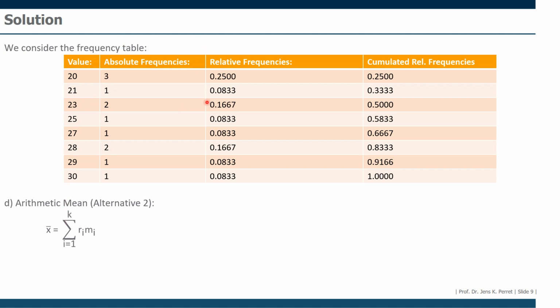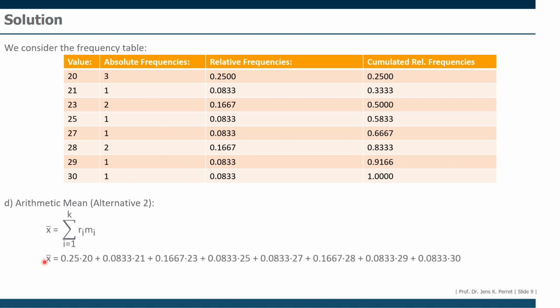Doing this for all of these different values, adding all of this up, and I already have the arithmetic mean. So no longer need to divide by the number of observations. That's for the simple reason that the relative frequencies already are divided by the number of observations.